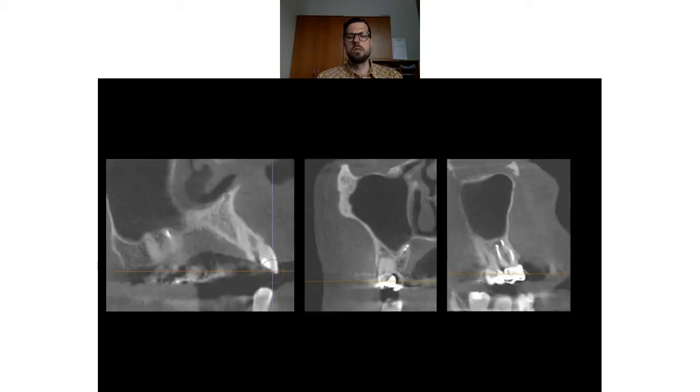We can check it also on a CBCT afterwards. So this was done, I think, about 6 months later, where the tooth that was extracted had healed, and the implantologist wanted to see if the situation on the first maxillary molar is going better.